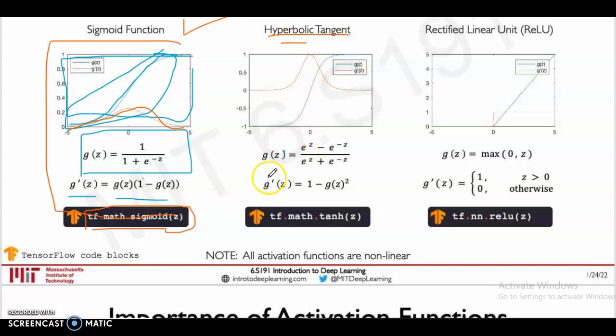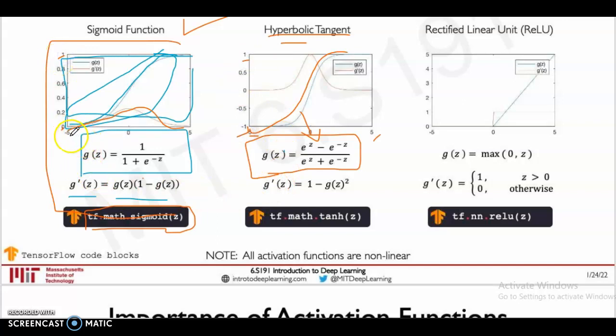Hyperbolic tangent: g of z equals e power z minus e power minus z, divided by e power z plus e power minus z. It is similar to the sigmoid function, but the scale is minus 1 to plus 1 on the y-axis, whereas sigmoid is 0 to 1.